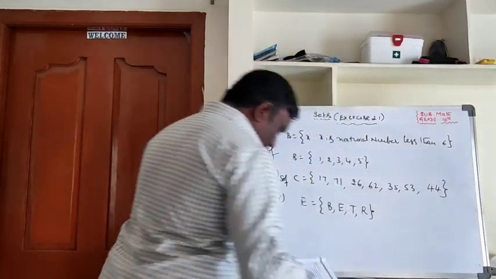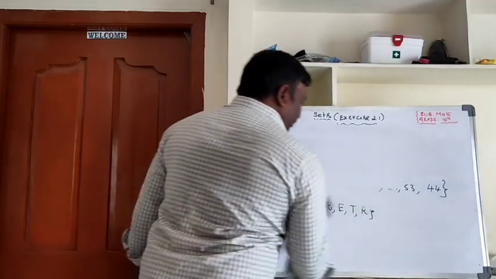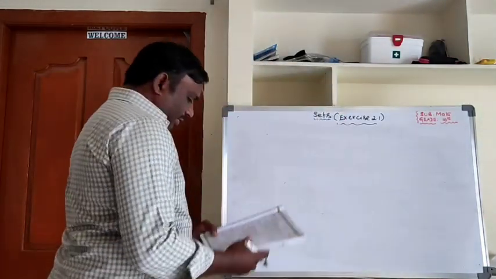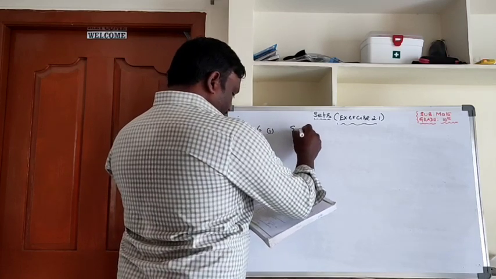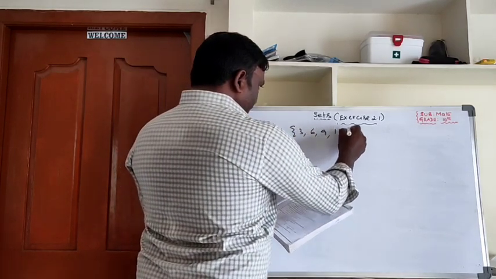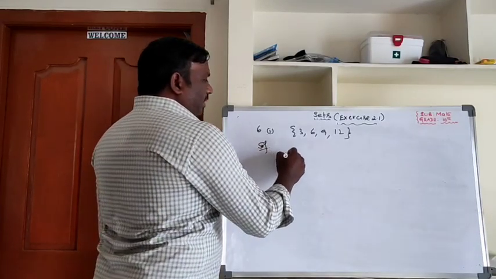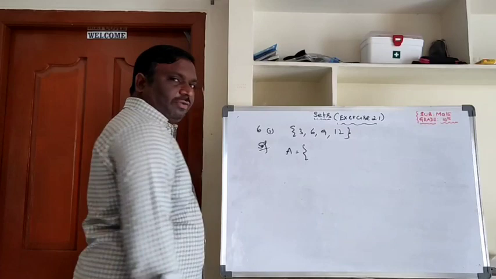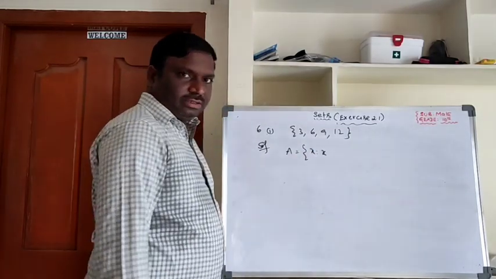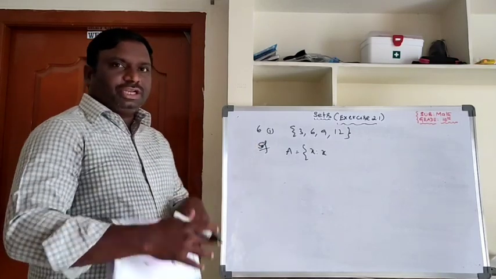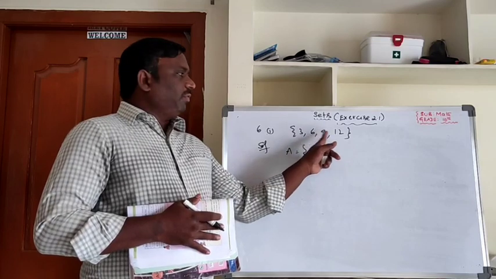Next, in set builder form, they will give the list form. See here, sixth question, first one: 3, 6, 9, 12. I am taking a letter A. So X such that X is a multiple of 3; the 3 table will come: 3 twos are 6, 3 threes are 9, 3 fours are 12.